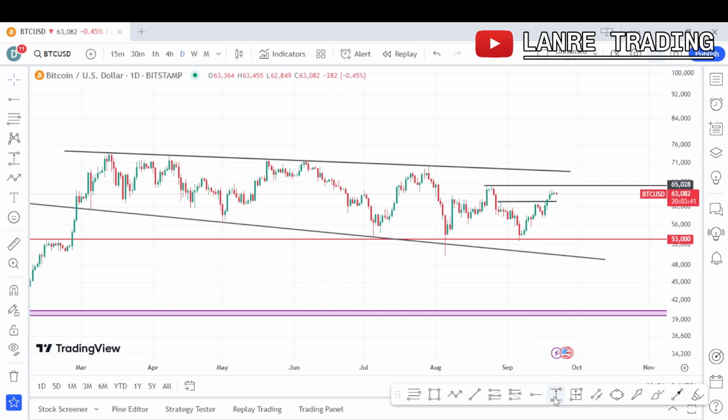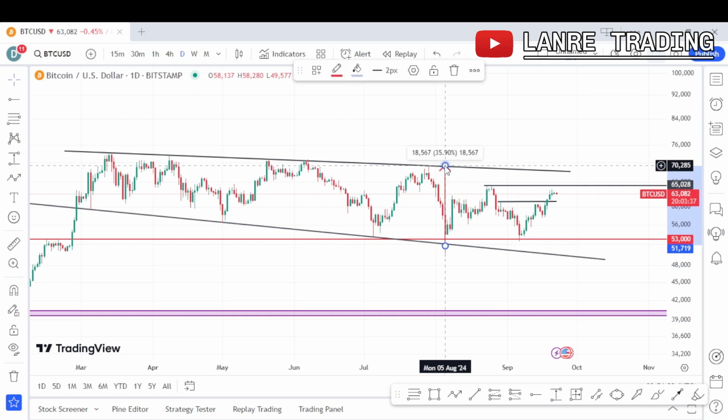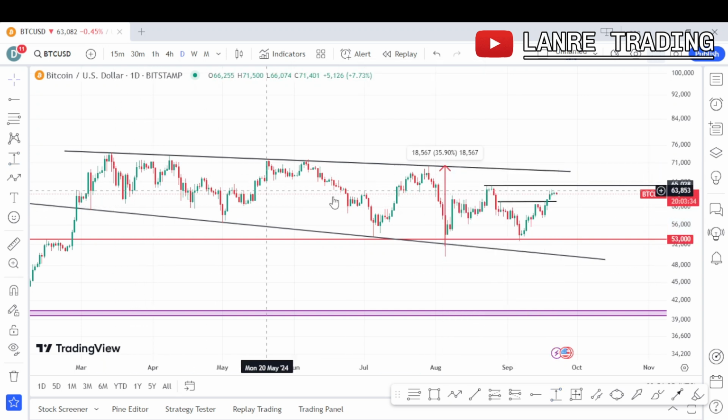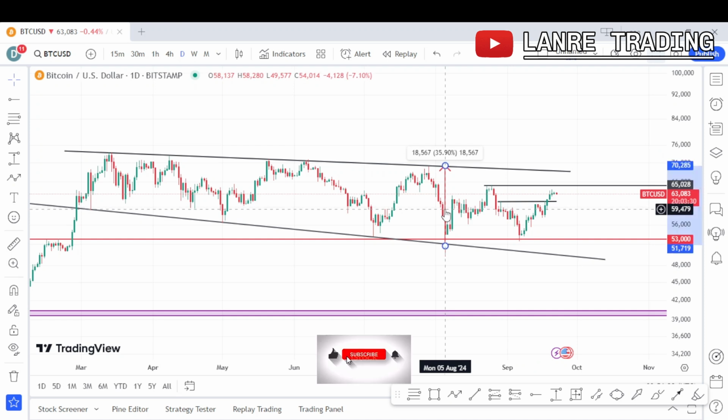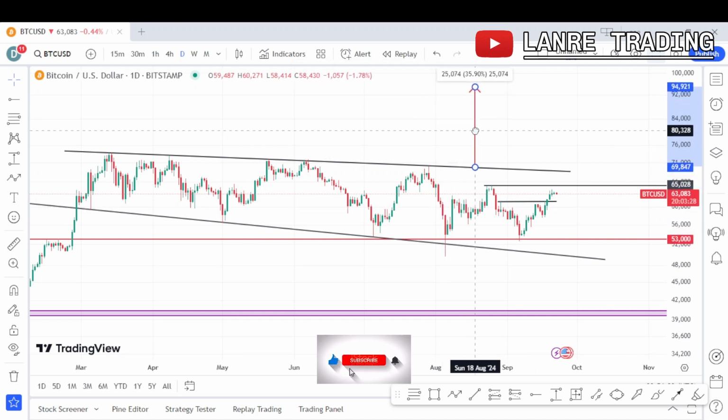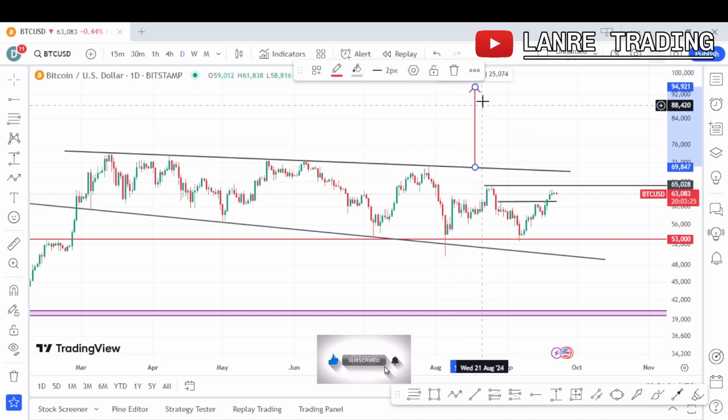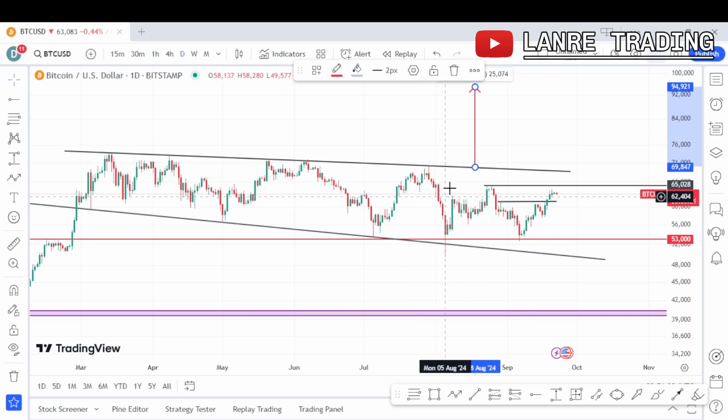And let me quickly explain something to you. Look at the length at which this price is stuck in this correction, this pattern that is forming. Once the price decides to break out, there's a high tendency that the price will want to fulfill the same length at which it's been trapped in this correction pattern.